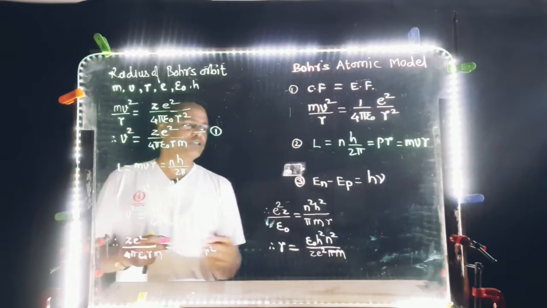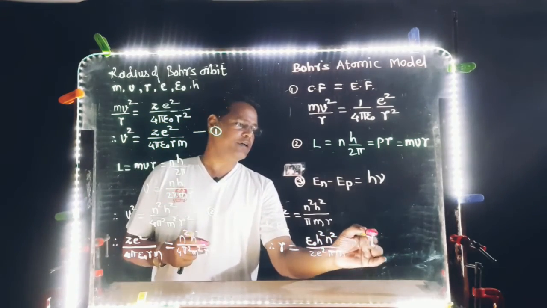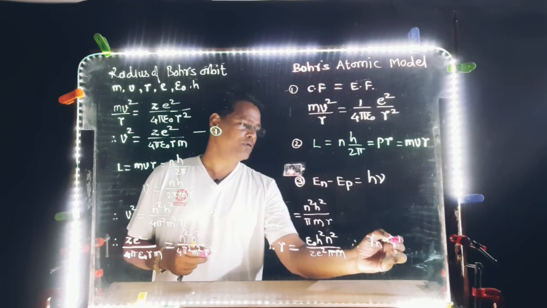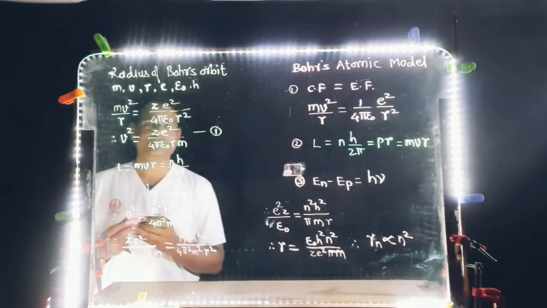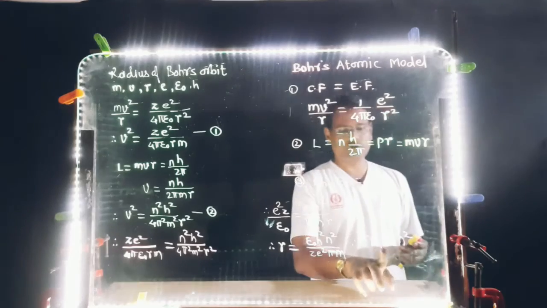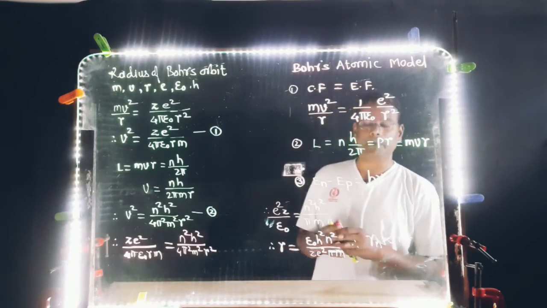So from this relation it is clear that radius of electron in nth orbit is directly proportional to n square. So radius of electron in Bohr's orbit is directly proportional to square of its principal quantum number.